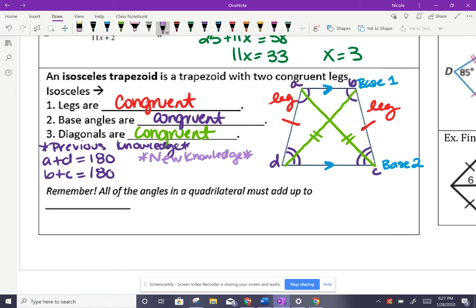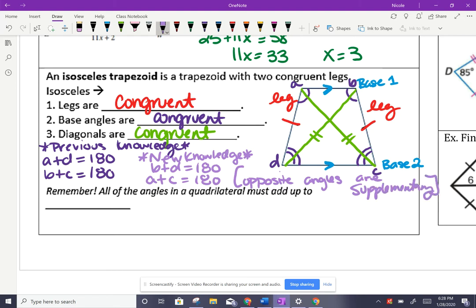If A is congruent to B, or equal to B, then B can also be supplementary. So B plus D equals 180, and A plus C equals 180. That's us saying opposite angles are supplementary.